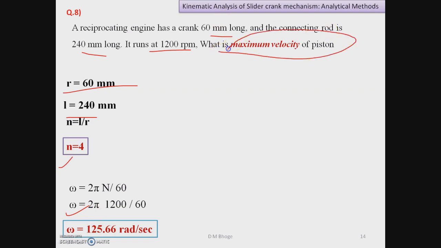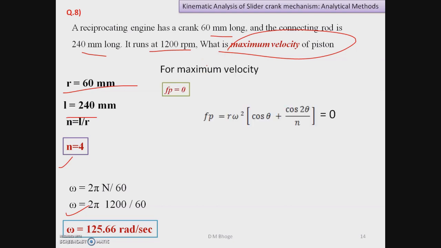Now we have to find the maximum velocity of piston. The velocity of piston is maximum when its acceleration is 0. So we'll find the crank displacement theta for maximum velocity of piston using this equation.